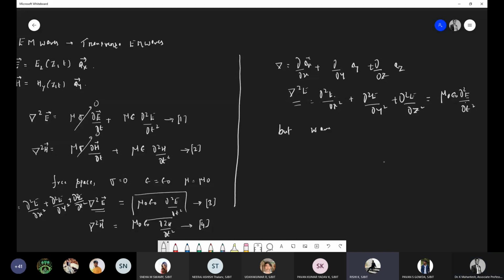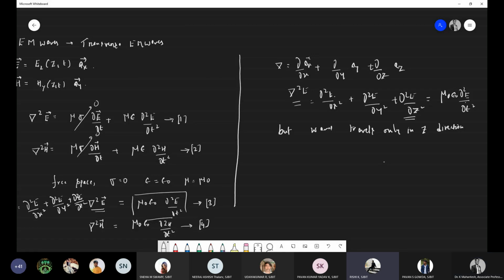The wave travels only in z direction. So I will retain only the z component.